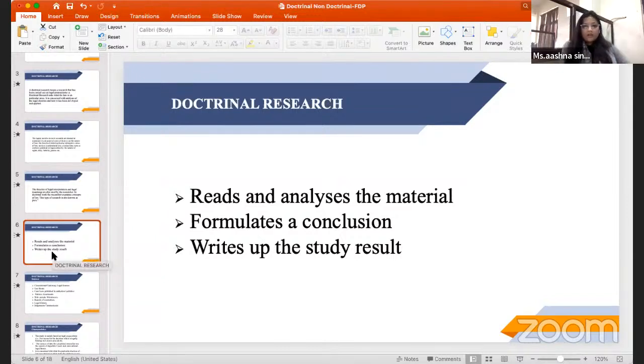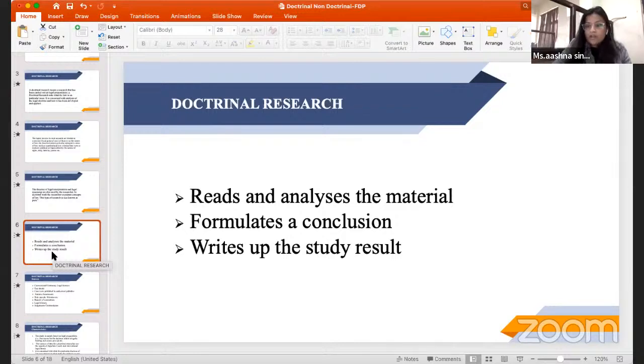So when we talk about doctrinal research, we think of three things here: read, analyze the material, formulate a conclusion, write up a study result. Now, the doctrinal research is a process. So first, as a researcher, if I talk about armchair research, you go to a library, you read, you analyze the material, you think whether you can use it or you can discard the material that you have gone through.